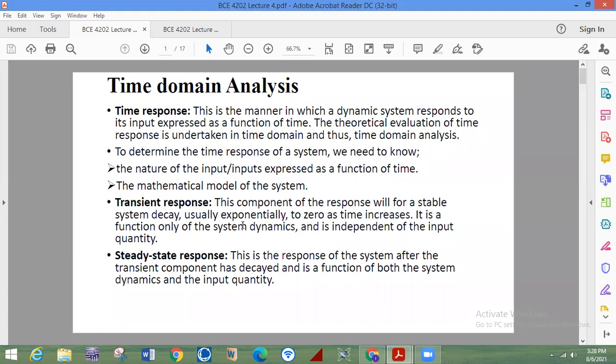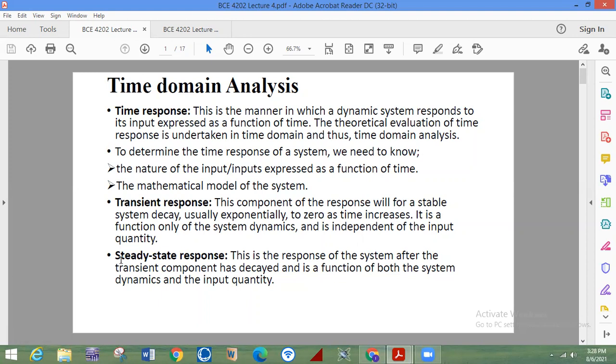Exponentially, it decays more and more rapidly, in a very short period of time, to zero as time increases. It is a function only of the system dynamics and is independent of the input quantity. You should be able to note that.